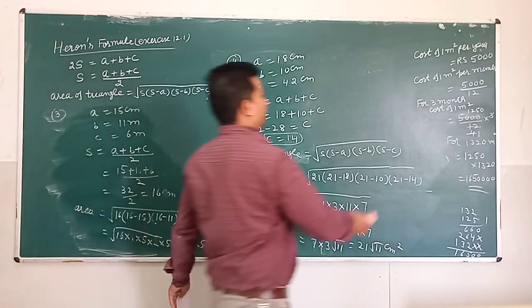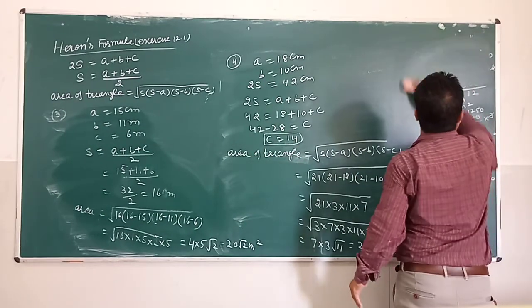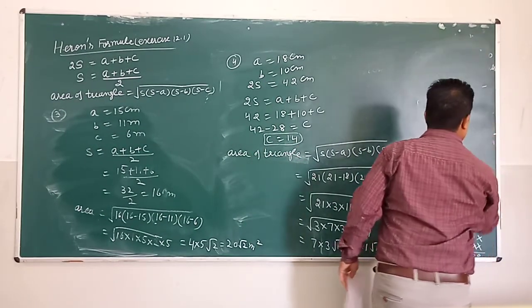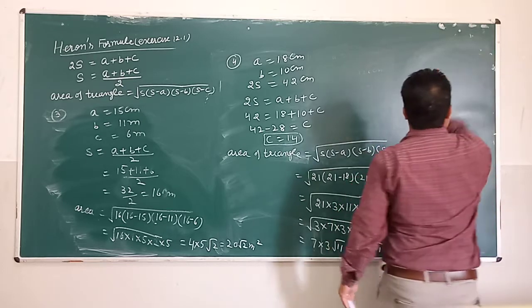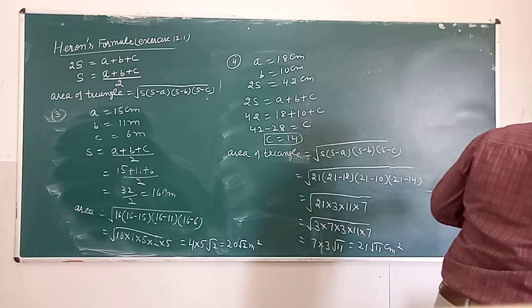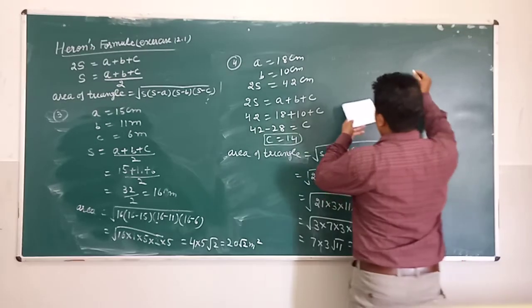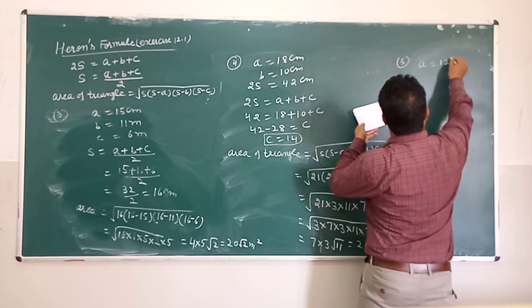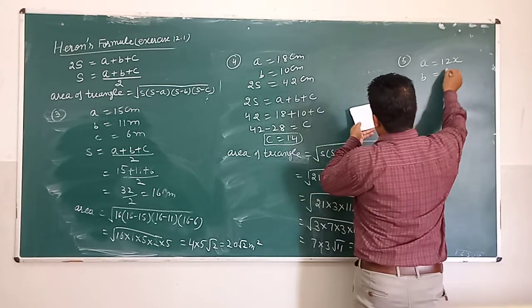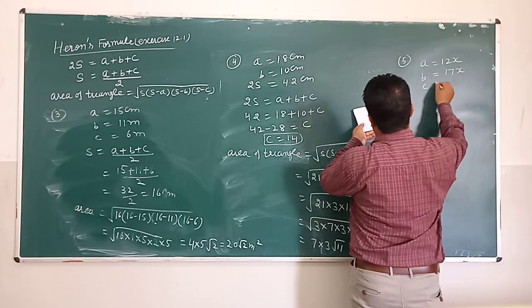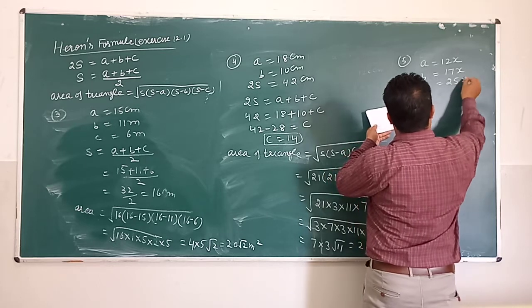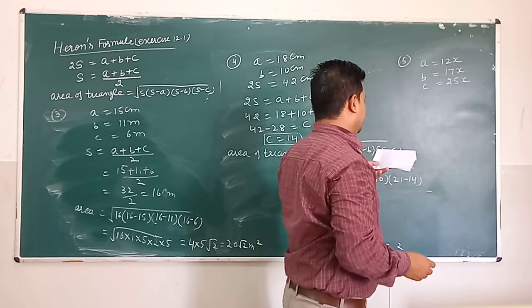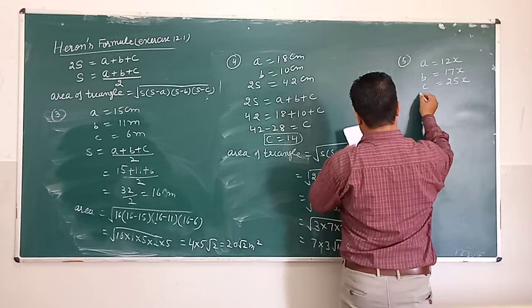In question number 5, the statement is: sides of triangle are in the ratio. Ratio, this means first side is 12x, second is 17x, third is 25x, and its perimeter is 540.